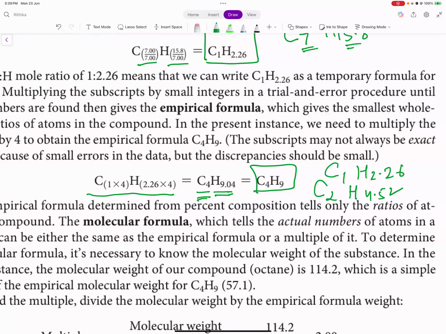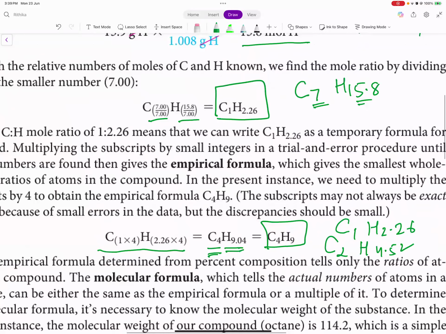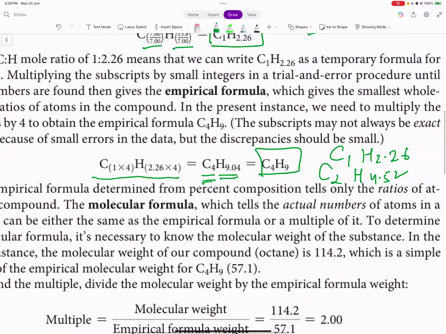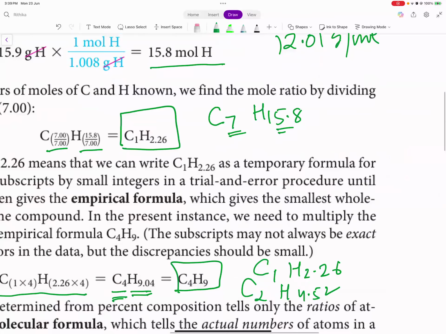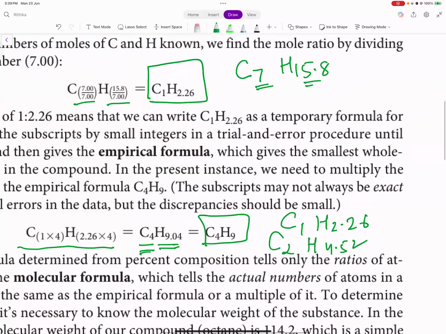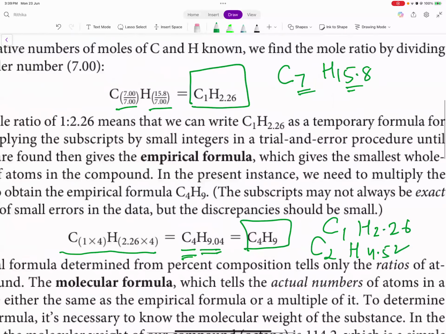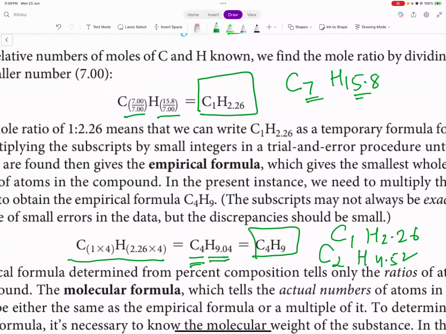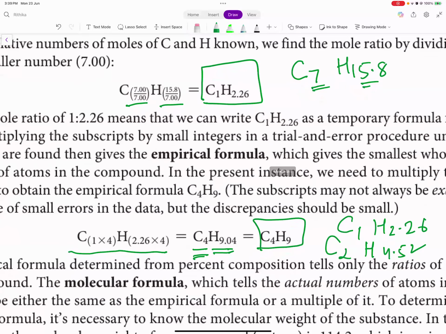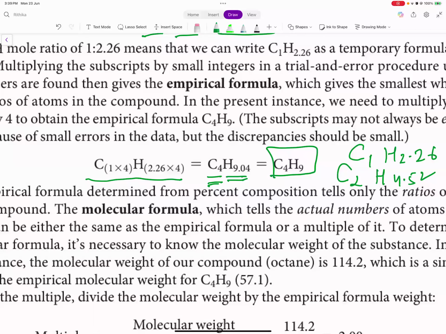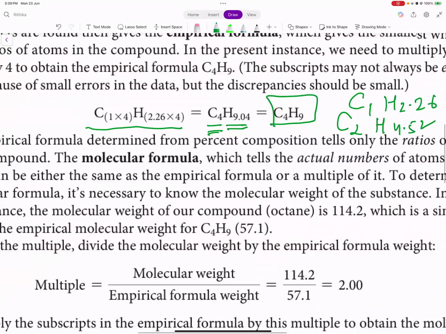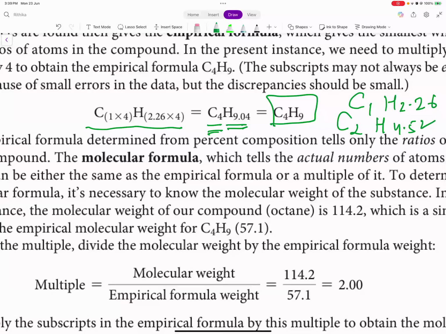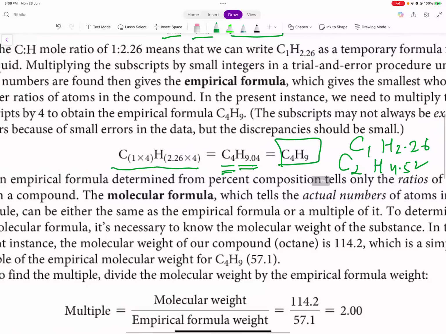And finally, when I have C1H2.26, I know this cannot be true, so I must make them both integers. So I start multiplying both by 2, 3, 4, until I get full integers. This is how we find the empirical formula.